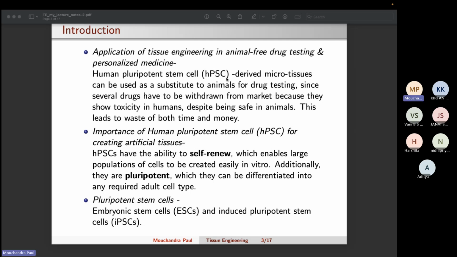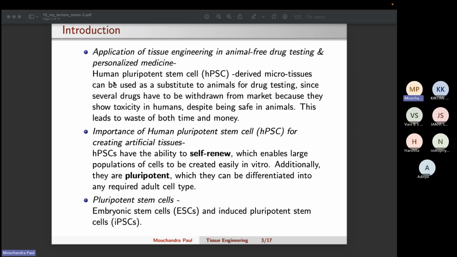The stem cells by nature are pluripotent, meaning they can give rise to multiple types of cell types. Embryonic stem cells are mainly pluripotent, but there are other stem cells which are unipotent and multipotent. Also there are stem cells which are totipotent, which can give rise to all types of mature cells.